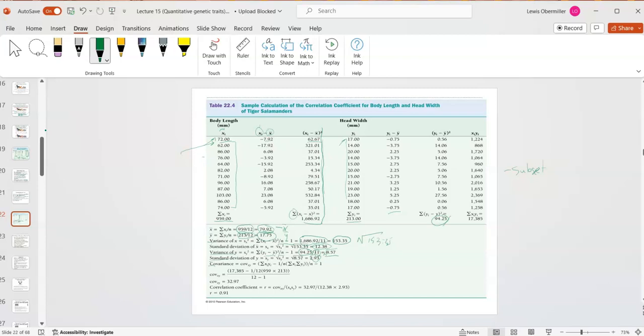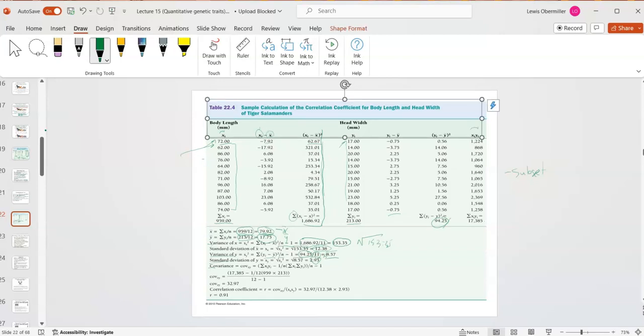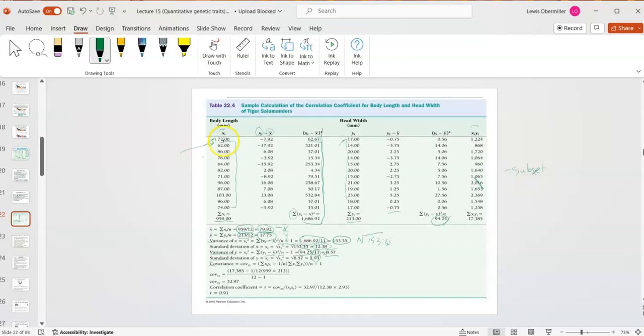Now we got to do the covariance. So to do the covariance, we're taking the sum, right, of these multiplied together. So 72 times 17 should give us 12,224. So let me just check this. 72 times 17 equals 1,224. That's correct. So we multiply them together.